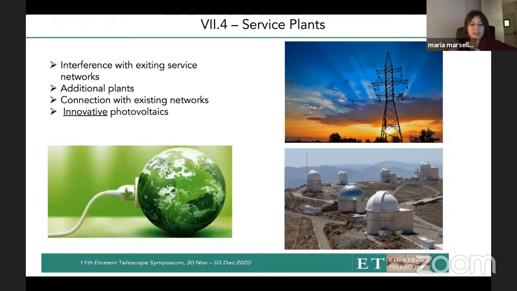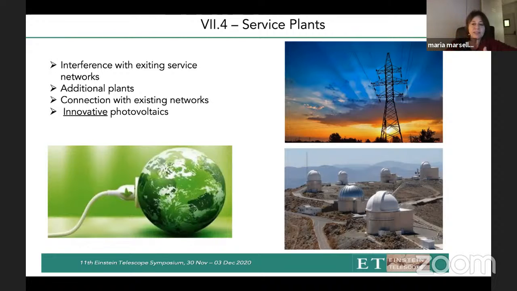As far as the service plans, as you know, the two possible sites are completely different. One is in a very served, very urbanized area with all the services, at least close to the site. In Sardinia, we are in a very remote area, so the problems to face are completely different ones.